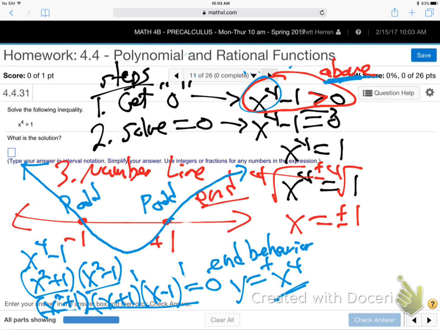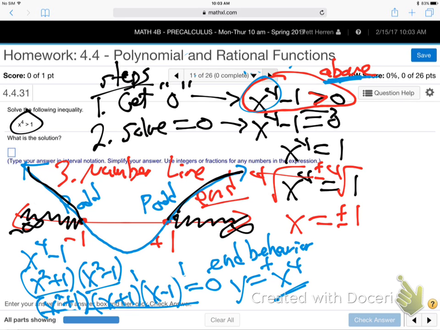So what's the final question? We're looking for where it's above. Greater than 0 was the original question. It's above in this section of the x-axis, and in this section of the x-axis. So that's negative infinity to negative 1 and 1 to infinity. Now, there's no solid bar.